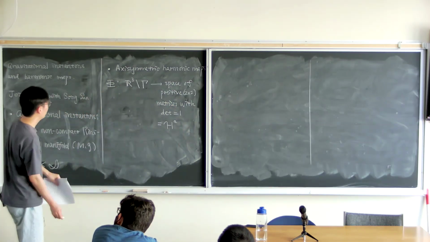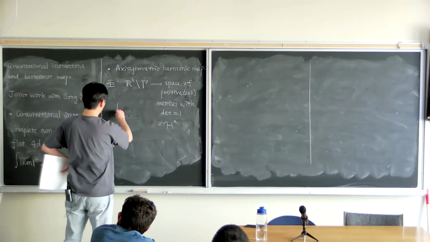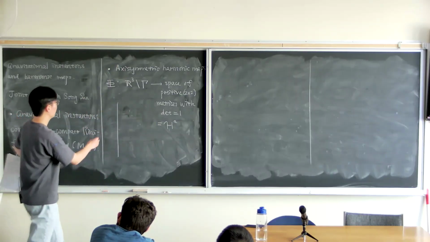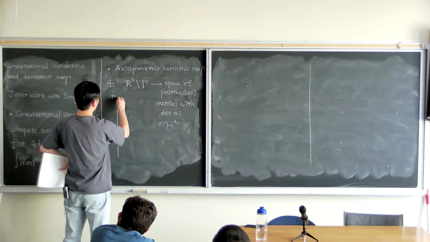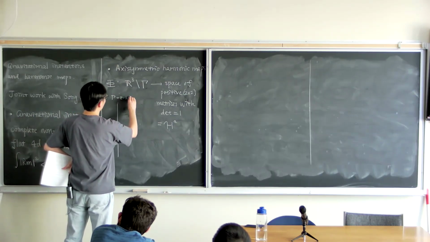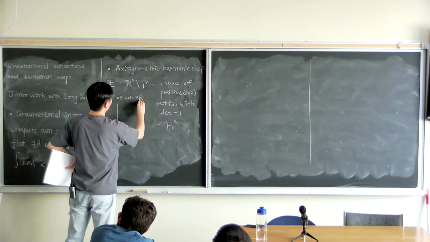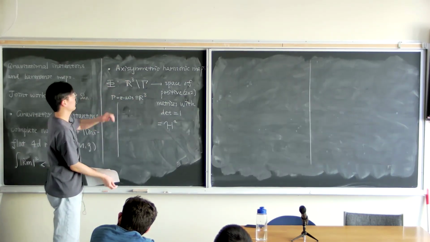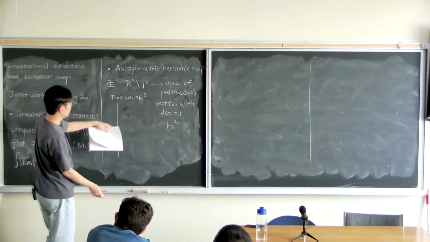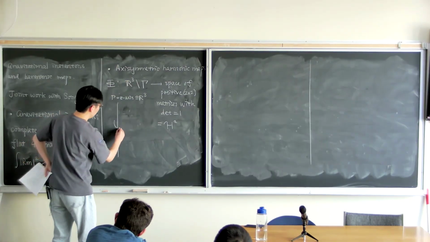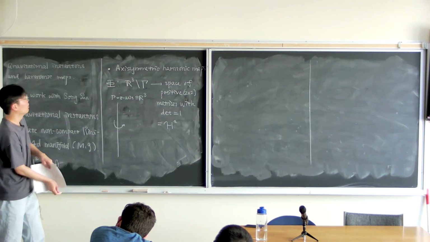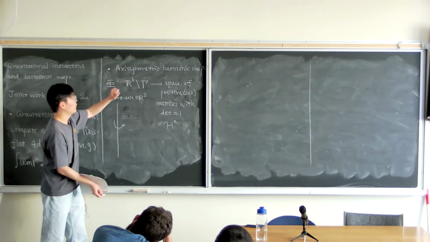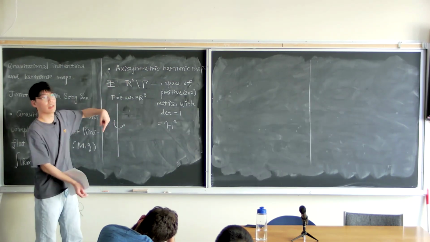Okay? And I should draw a picture here. So this is going to be my z-axis sitting inside R3. And I also have the word axisymmetric. What does axisymmetric mean? In R3, around this z-axis, you have this rotation here. By saying that the map is axisymmetric, it means that the map is invariant under the rotation.